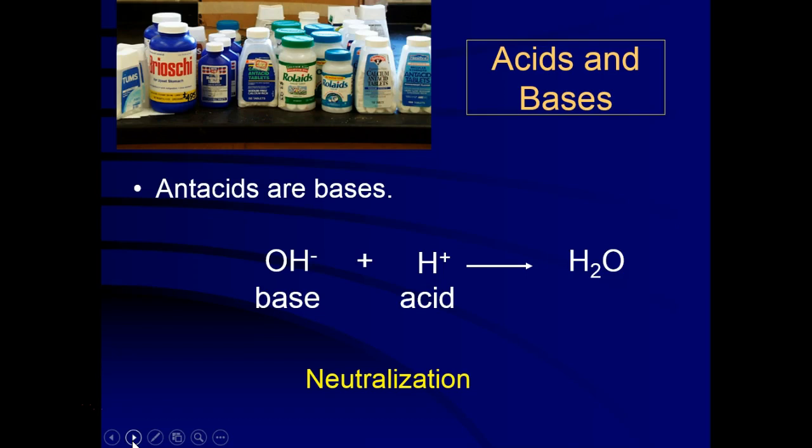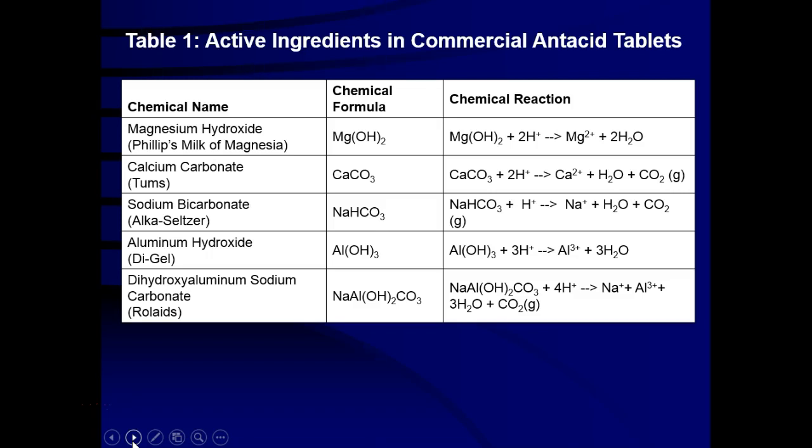Now, our antacids all pick up excess hydrogen ions. They're all going to be bases. For example, when I was a kid and my mom would give me a spoonful of milk of magnesia, the principal component is magnesium hydroxide. And as you can see, hydroxide likes to pick up hydrogen ions.